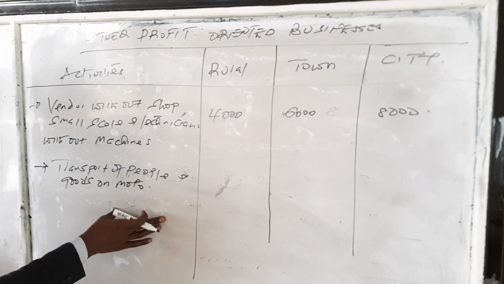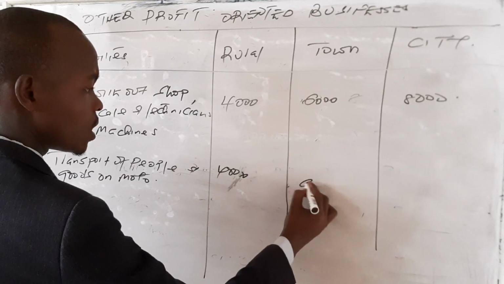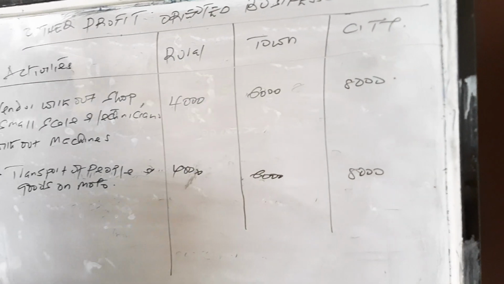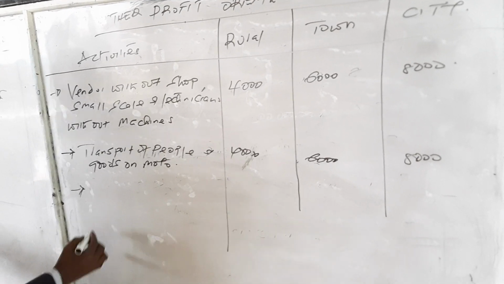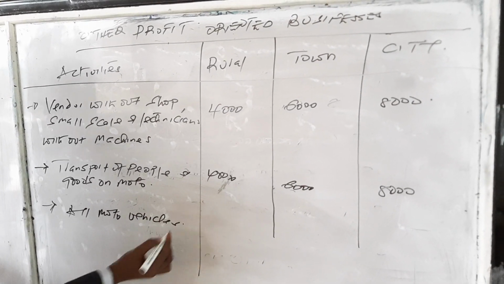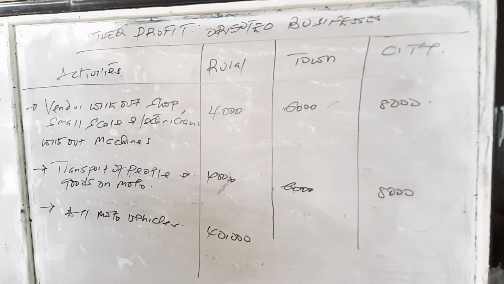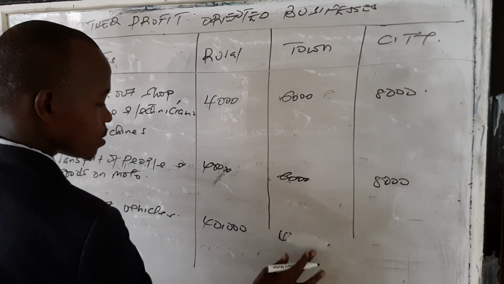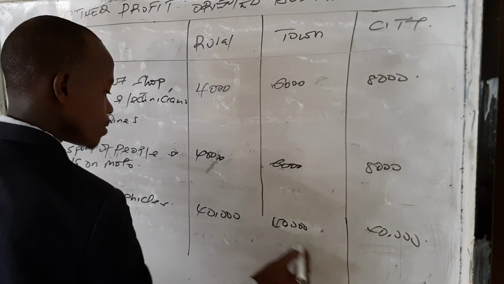This category also pays 4,000 in the rural areas, 6,000 in the town, and 8,000 in the city of Kigali. The third activity is all motor vehicles, which pay 40,000 in each area.